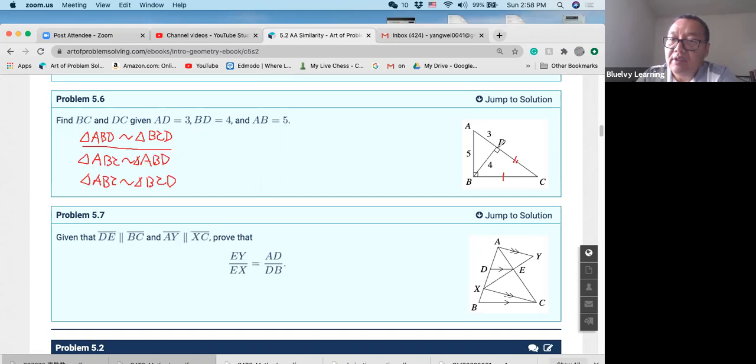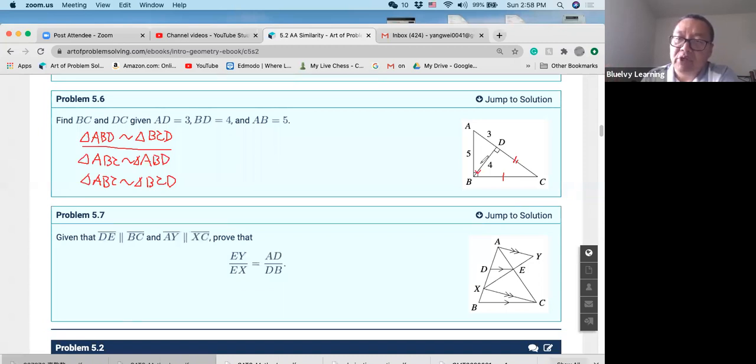ABD is this right triangle, right? Based on the AA similarity, we only need to find 2 pairs of angles that are congruent. But for right triangles, we already know a right triangle always has an angle equal to 90 degrees. So if we have 2 right triangles, we only need to find another pair of angles that are congruent.